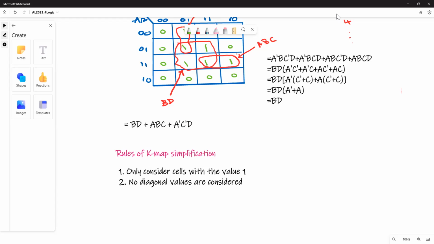Or you can have 4, that is 2 to the power 2. Then 8, 2 to the power 3, and so on.